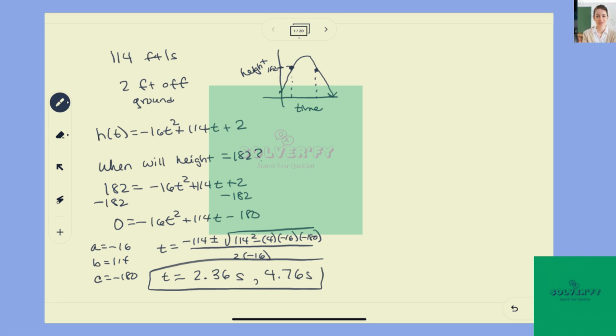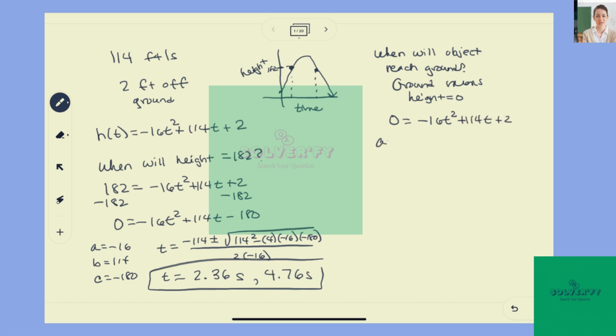Now I want to know, when will the object reach the ground? Well, the ground means height equals 0. So let's set that function equal to 0. And again, let's pull out our A, our B, and our C values.